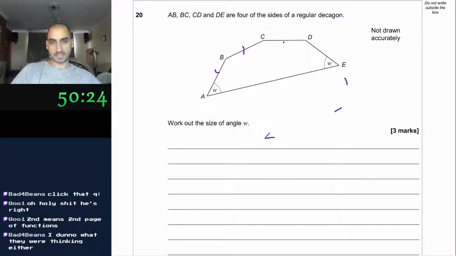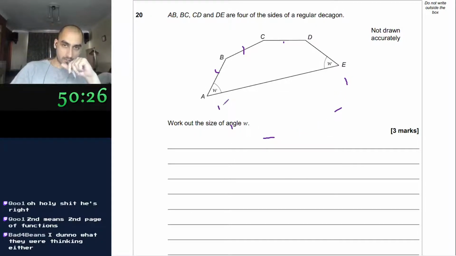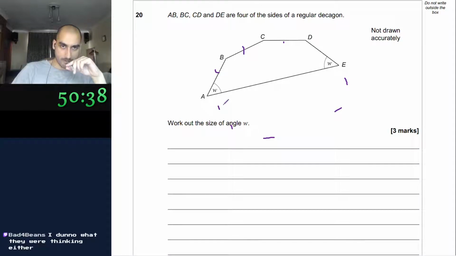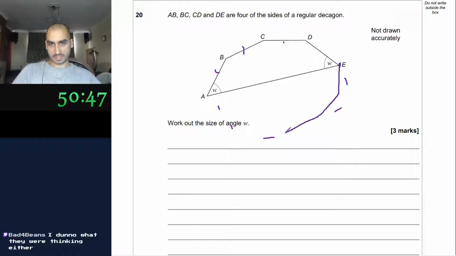That means there's 6 more sides over here. So it's 1, 2, 3, 4. So we've got 5, 6, 7, 8, 9, 10.